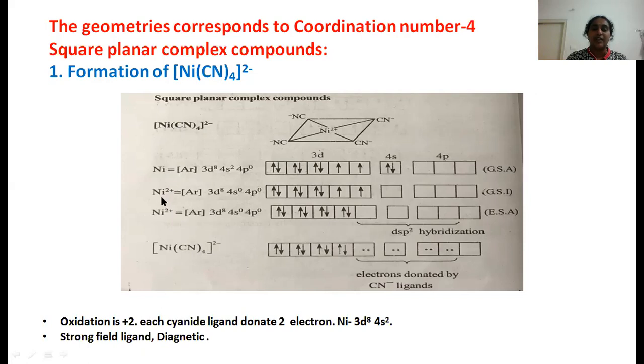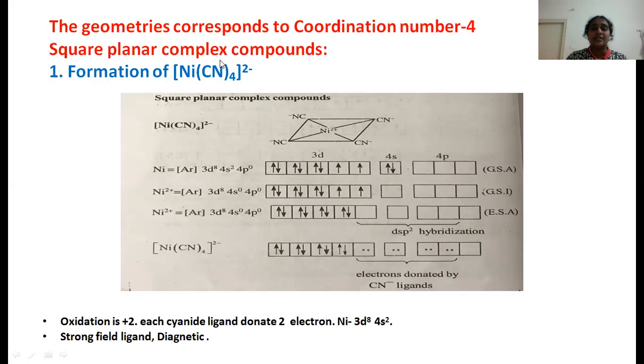Whenever nickel exists as +2, we remove the 2 electrons from the 4s, so it becomes 3d8, 4s0 and 4p0. This is the nickel +2 electronic configuration.